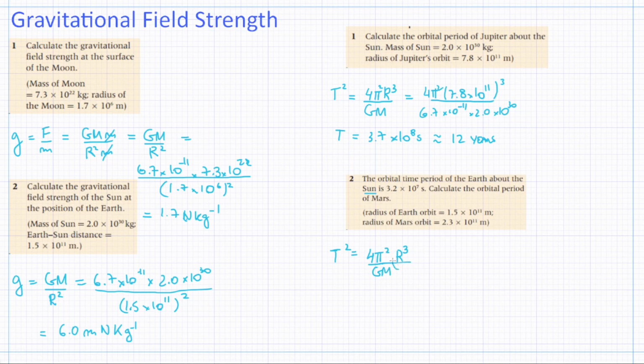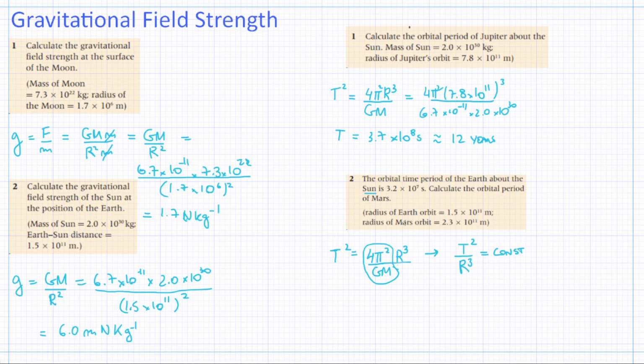So if we observe this first portion of our equation, all of those values should be constant. 4 is a number that's constant, pi is constant, capital G is our universal gravitational constant. Capital M is the mass of the Sun, which will not change in those two analyses. So I could basically say that T squared over r to the power 3 should be constant for all planets going around the Sun.